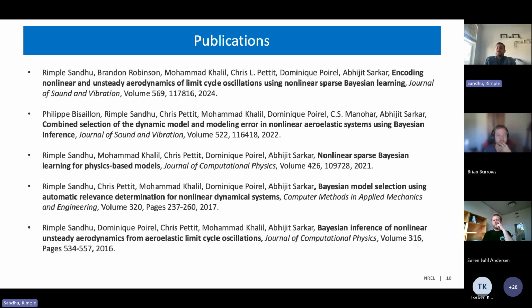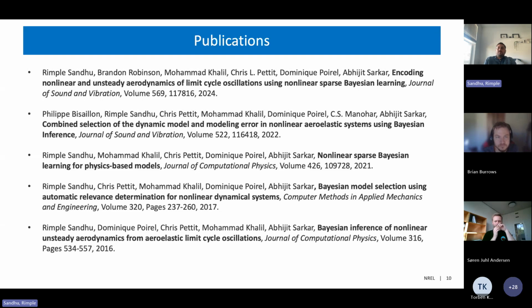So I went to the machine learning literature and found this sparse Bayesian learning algorithm and tried to implement it for physics-based models. As I mentioned, I still maintain contact with my old research group, so you'll see publications that came very recently.